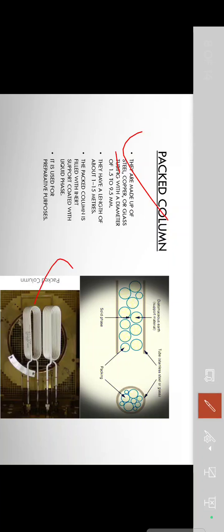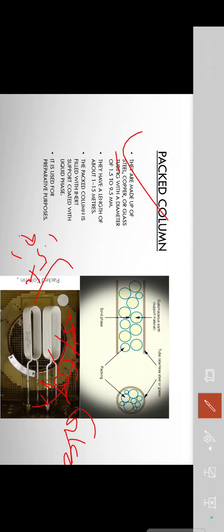So these are made up of either steel or copper, or we can say glass tubing. Their diameter is only 1.5 to 9.5 millimeter, and they have a length of 1 to 15 meters.